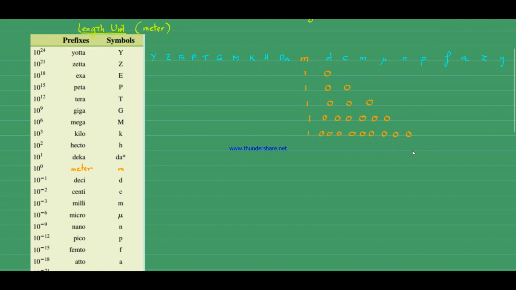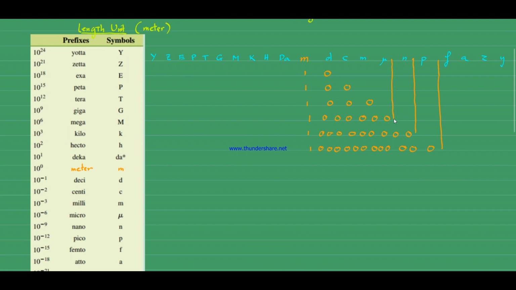Then pico we have 12. Because I don't have enough space, I'm just going to stop at pico, but you can put the number of zeros for femto and so on.